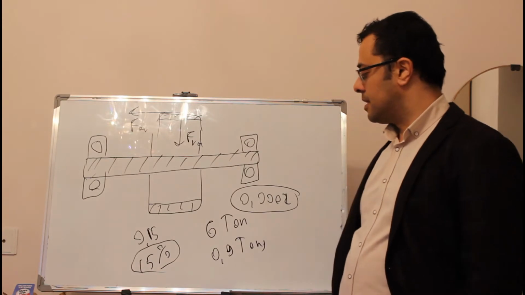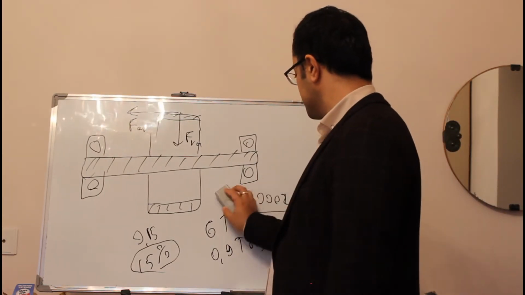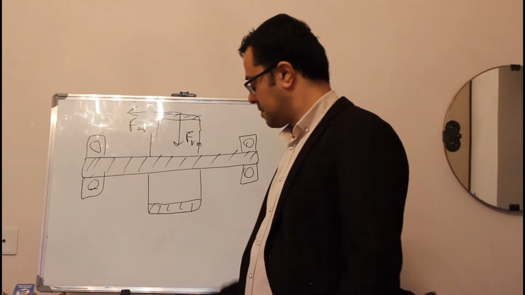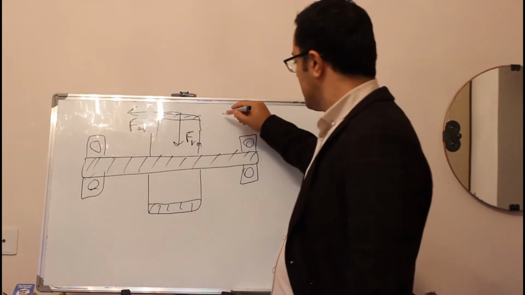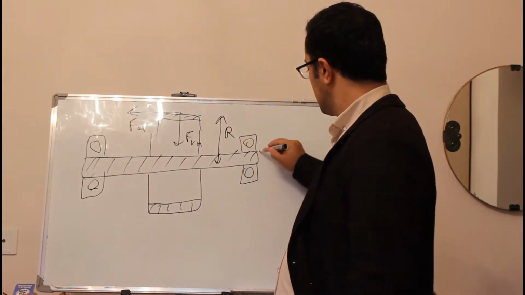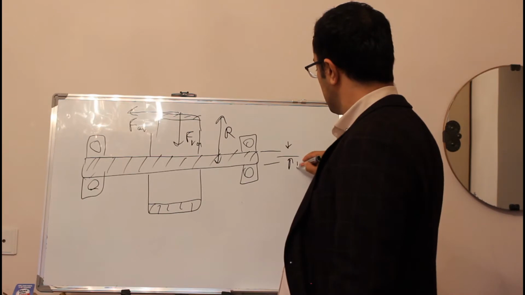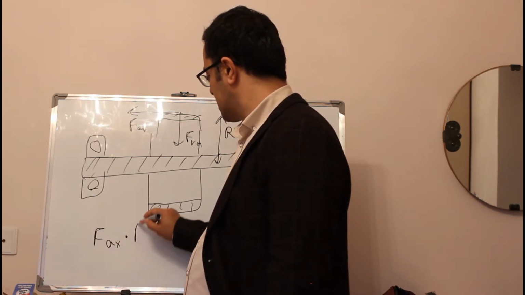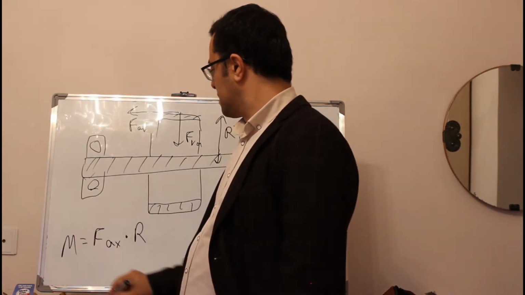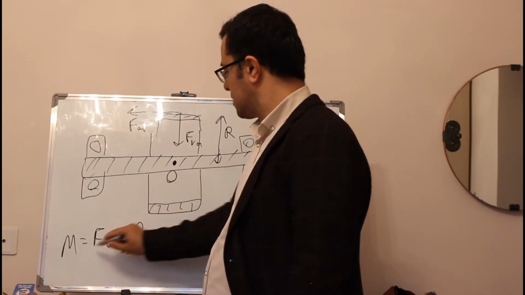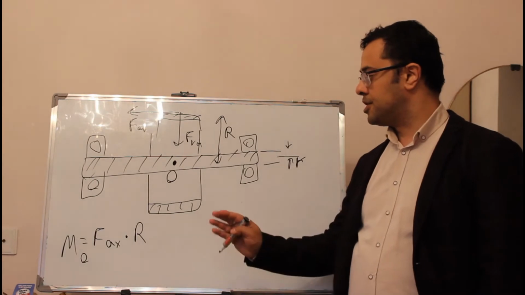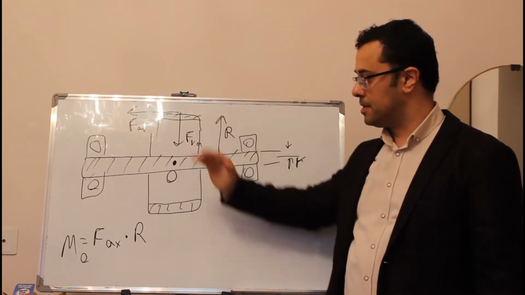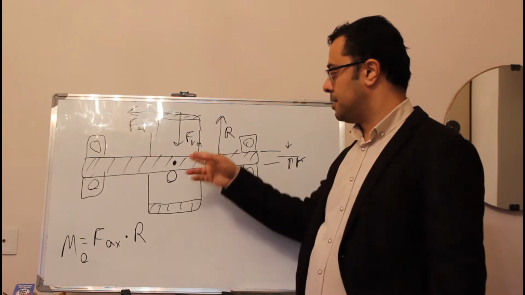For F axial, the formulas are like this. F axial generates a moment around this point, so it creates this bending moment, and this bending moment is applied on the shaft.